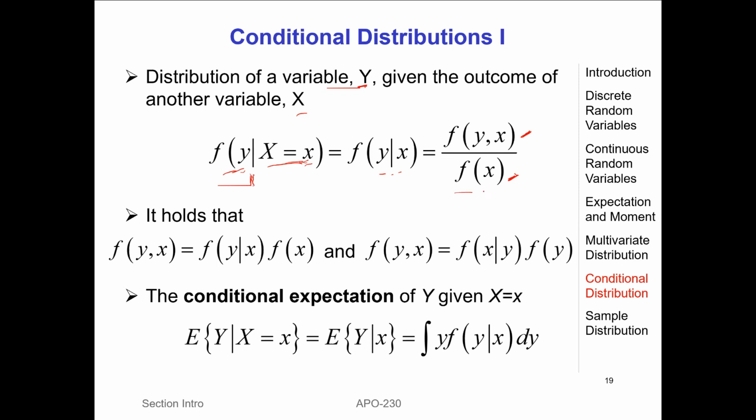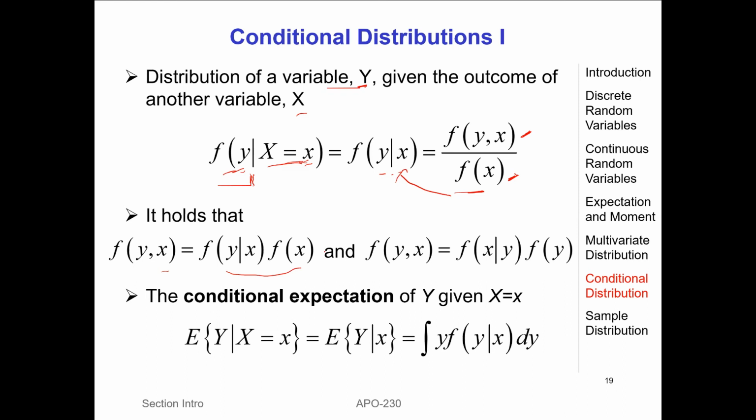So using this, when you cross multiply f of x, the density of x, to the left-hand side, you have the joint density of x and y equals the conditional density of y conditional on x times the density of x, the marginal density of x itself.